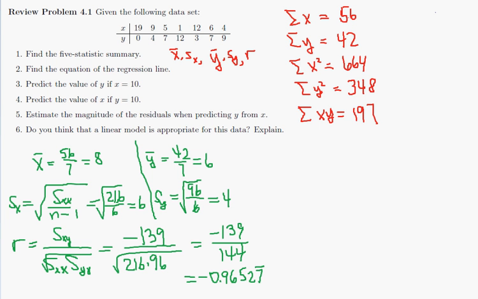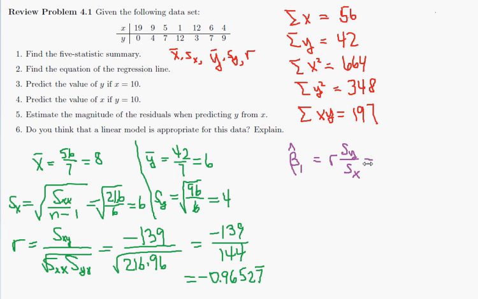So to get the equation of the regression line, we remember that our formula is that beta 1 hat is equal to r times s sub y over s sub x.